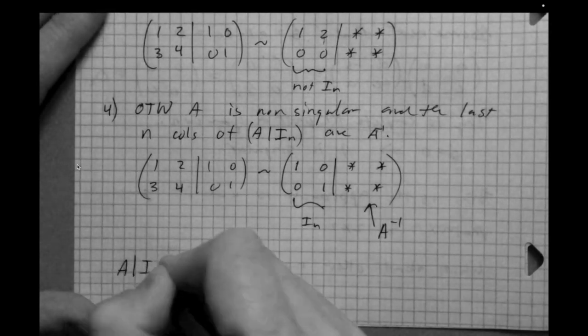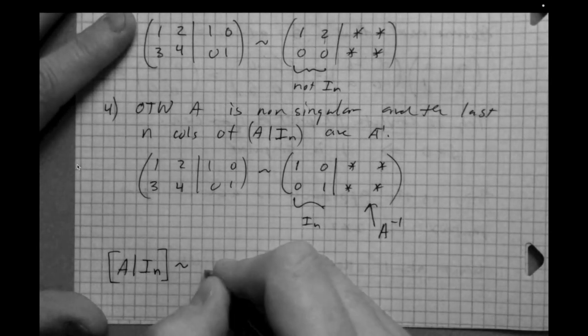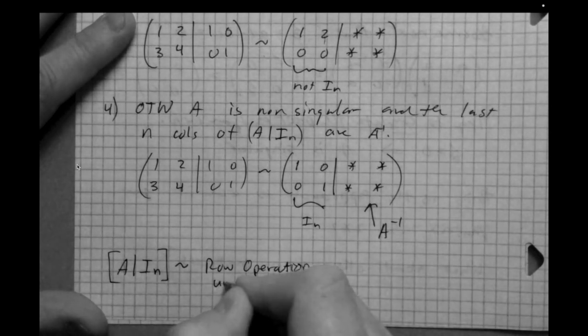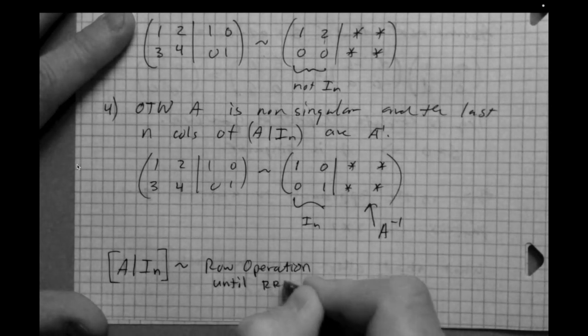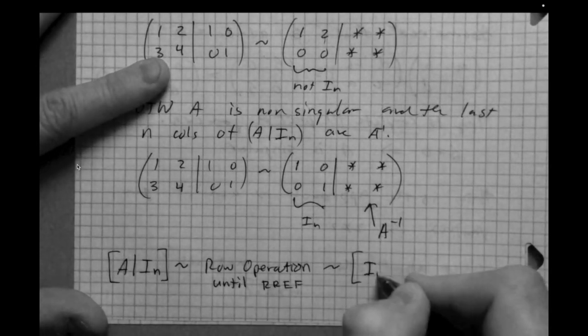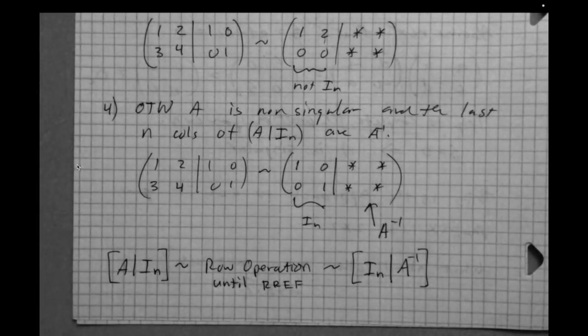You start with this, and then you do row operations until you're in reduced row echelon form. And what you're left with is the identity and the inverse. Amazing. So any matrix inverse can be found using this procedure.